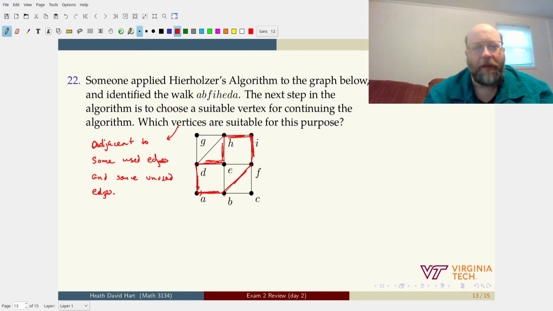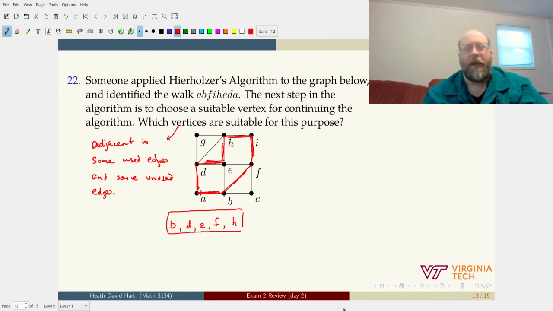So B has edges that we've already used and edges that we could continue with. So B would be okay, not C. D would be okay, E would be okay, F would be okay, and H would be okay. And so any of these 5 vertices would be suitable for continuing. Okay?